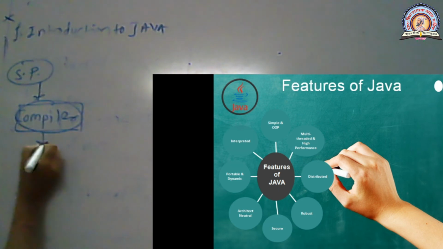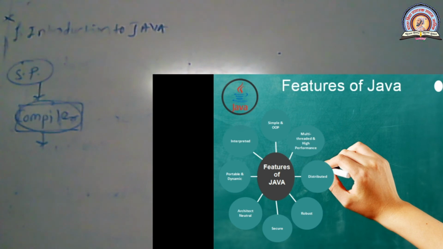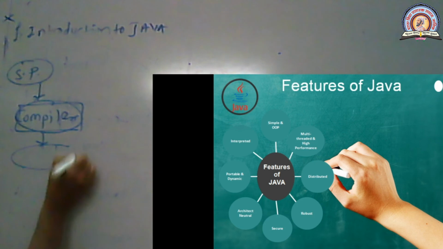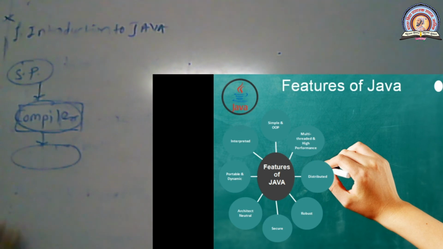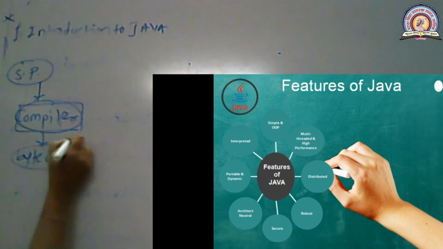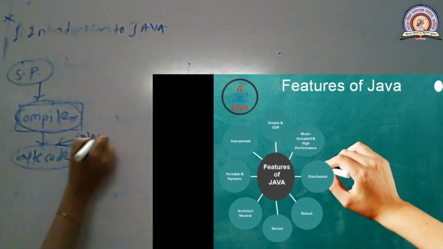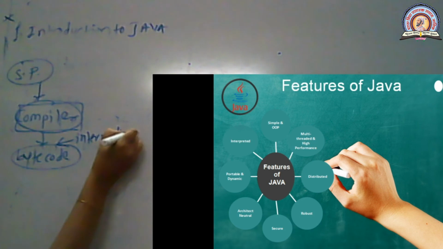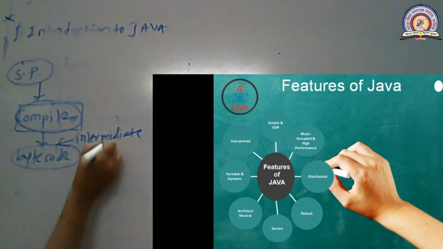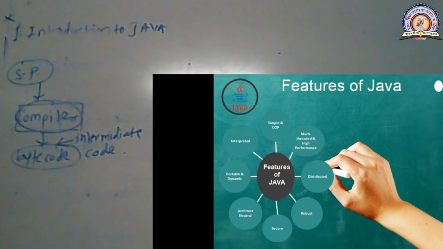The compiler converts it not directly into machine code, but into an intermediate code that is called the byte code. It's not the machine code, it is near to the machine code. That's why it is called the intermediate code.